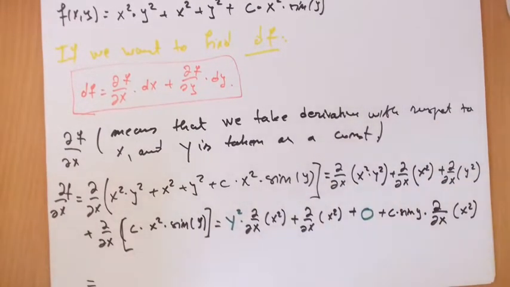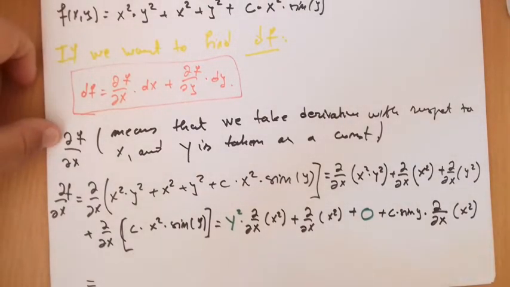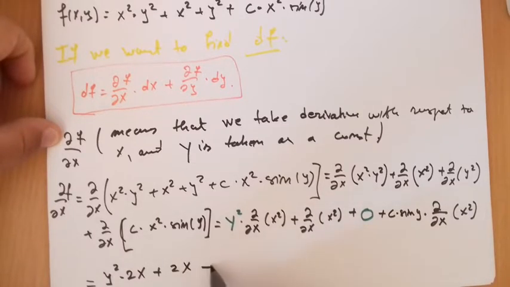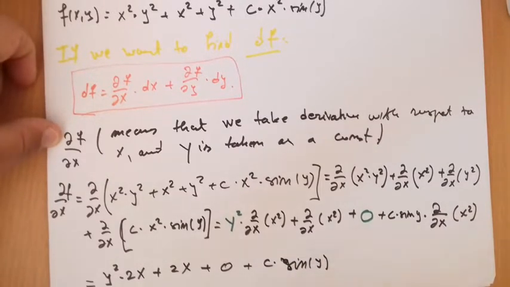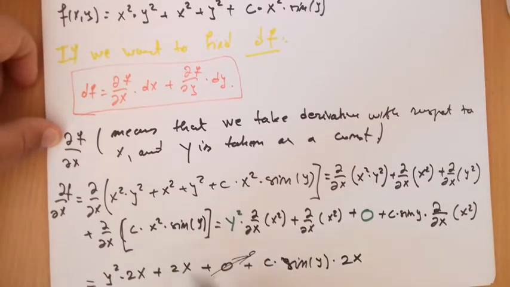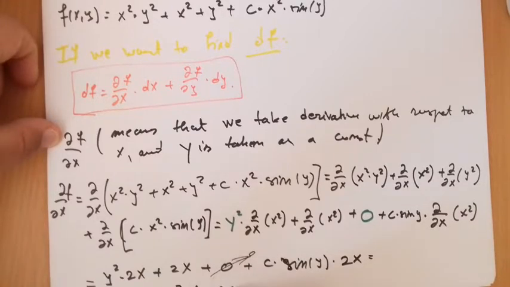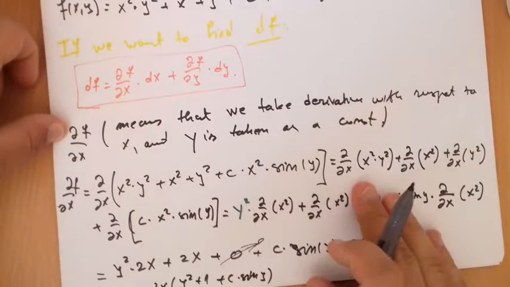So we have y squared times 2x, plus 0, plus c times sine of y times 2x. So we can write it as 2x times (y squared plus 1 plus c times sine of y).